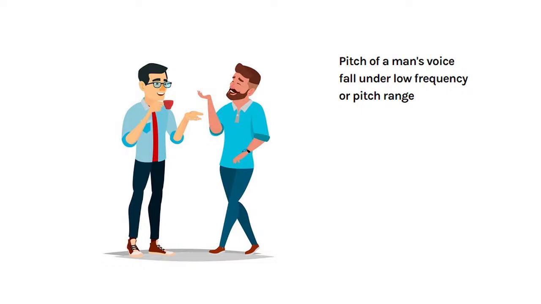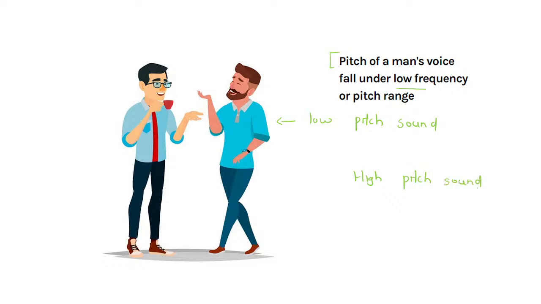The pitch of a man's voice falls under low frequency. We say the voice of a man is low pitch, whereas the voice of a woman is high pitch. So the man is showing low pitch sound, whereas a woman has high pitch sound.